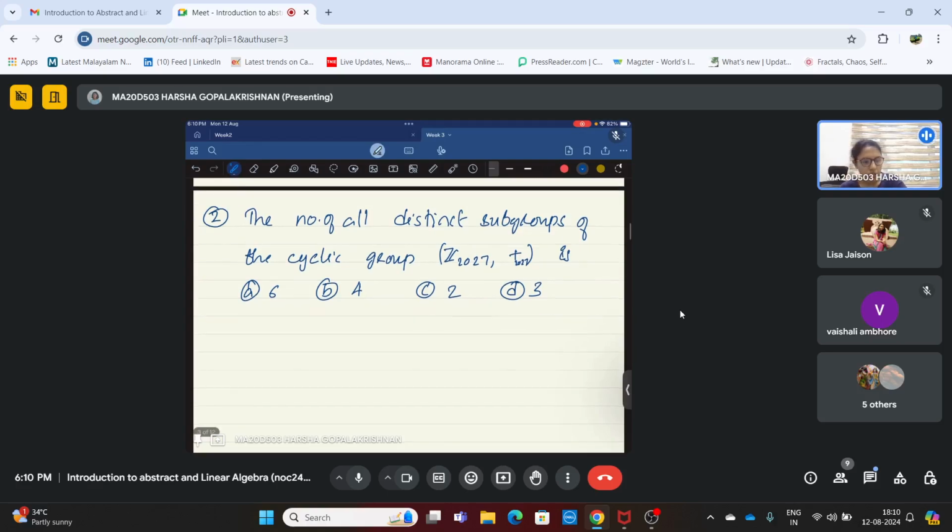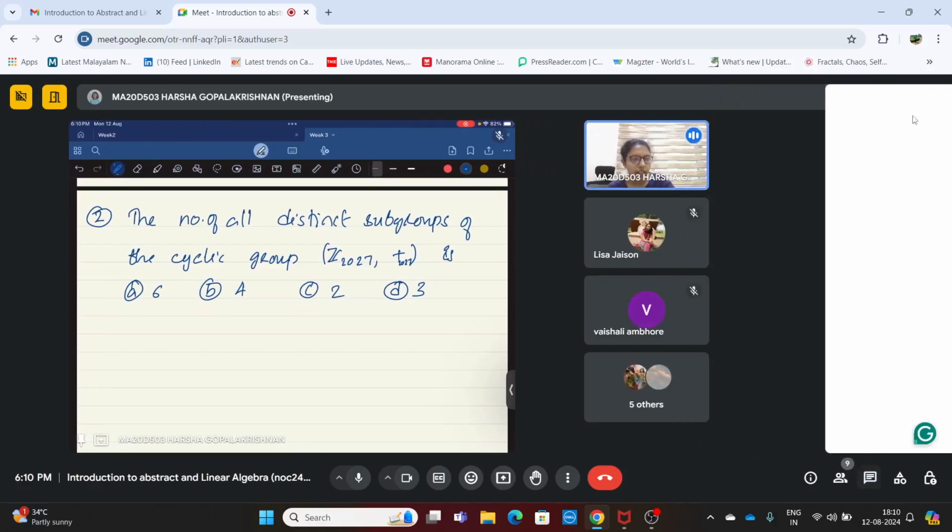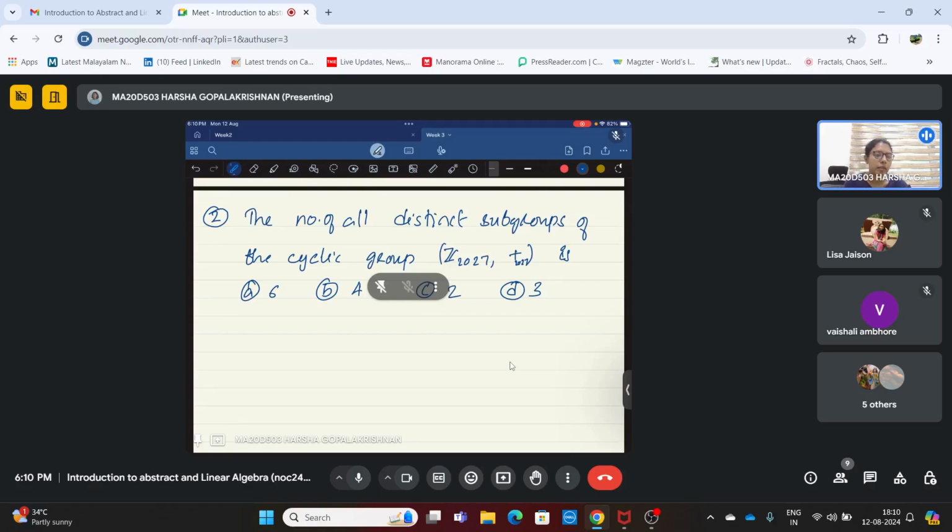At this moment I will give you one hint. That particular theorem will be covered next week. If you have seen week 4 already, you might know it: Lagrange's theorem. We will go through the theorem and the proof next week. I will just state it now. Using that theorem, you can easily answer this question.